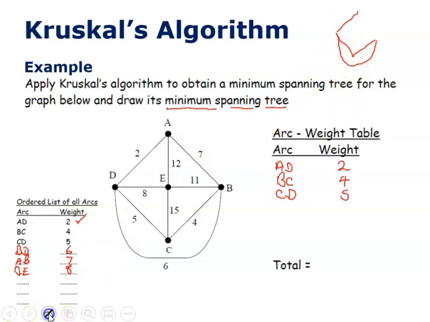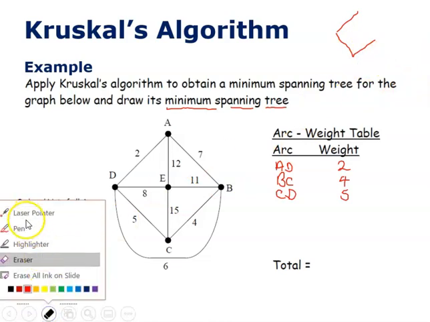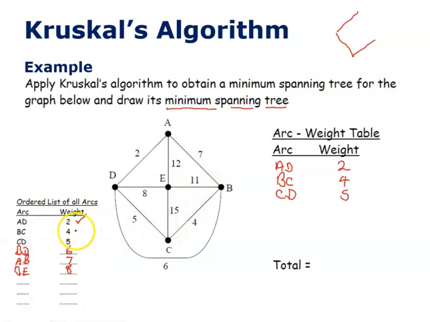And I don't really want loops or cycles, so I'm just going to get rid of that, because I want to avoid cycles. So I'm not going to bother with BD. Now AB, if you look at it, that would make a loop as well. I'm not going to do that. I don't want that. DE is 8. Well, that's all right. DE is 8.